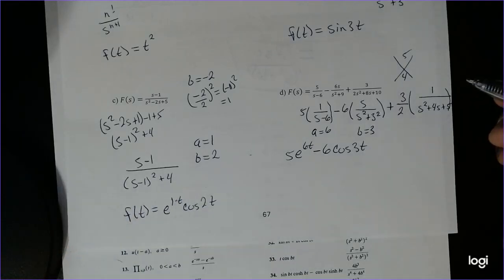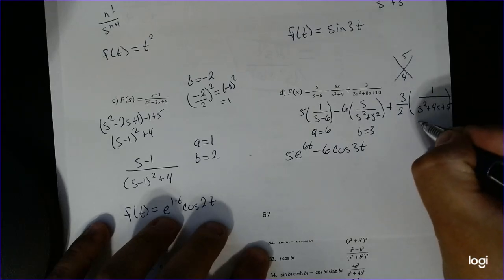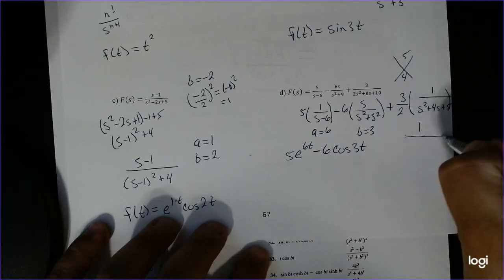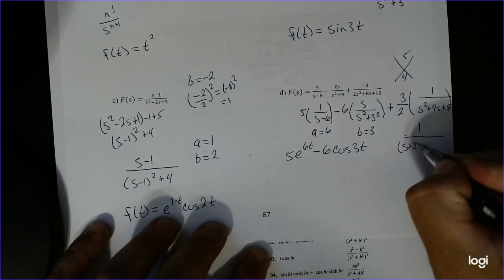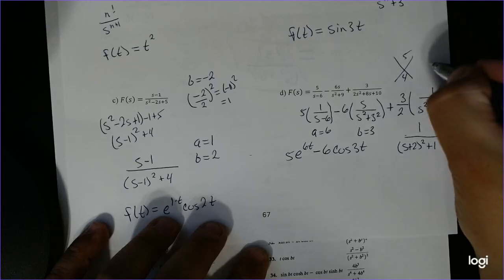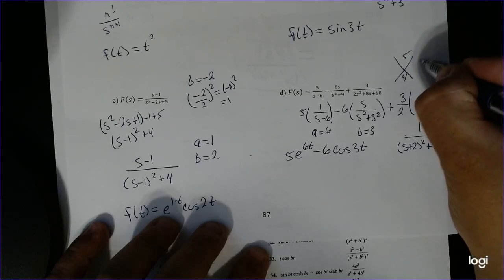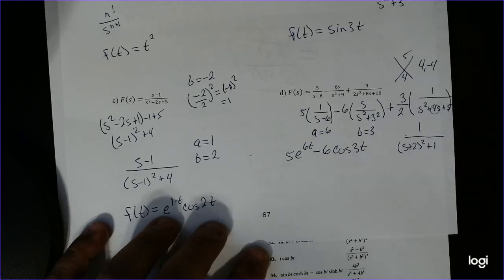So again, we have to do the complete the square method. Right? So completing the square at the very bottom, I'll just give you the answer. It's s plus 2 squared plus 1. Same thing, right? b is 4, so we do 4 over 2 squared, so just add and subtract 4. So add 4, subtract 4, that's how we get the 1.